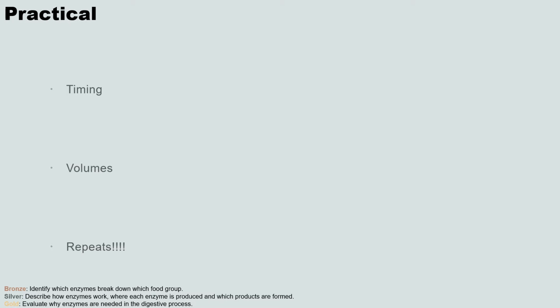Okay, so you should have watched that video now. I've written some things on the slide here. You've got timing, volumes, and repeats, with lots of exclamation marks on that. So let's start with timing. This is something that could have gone wrong with the experiment. If you're slightly off with your timings of getting the solution out of the test tube and then putting it in, you can't be exact every 10 seconds.